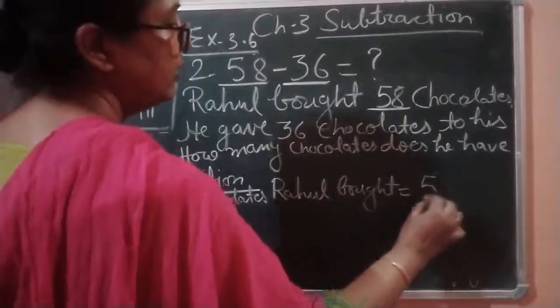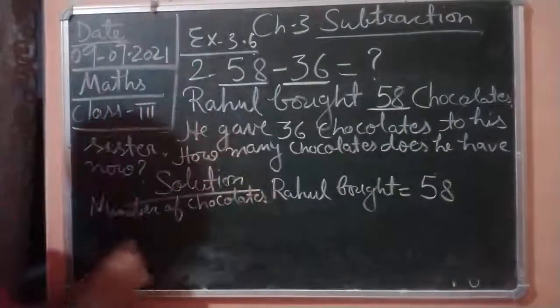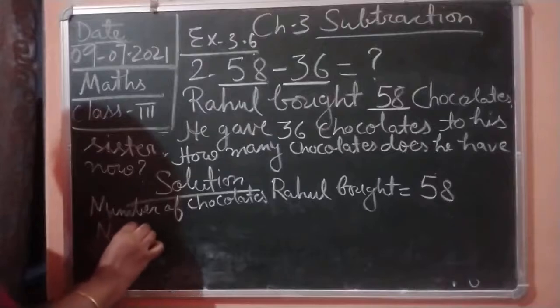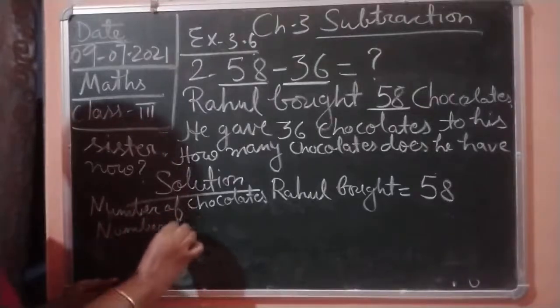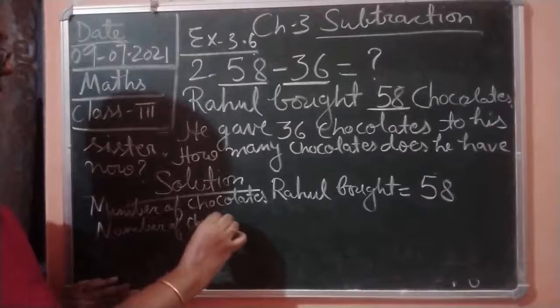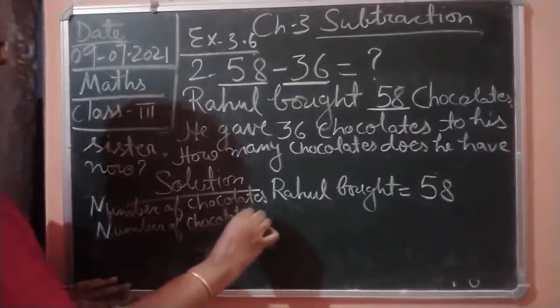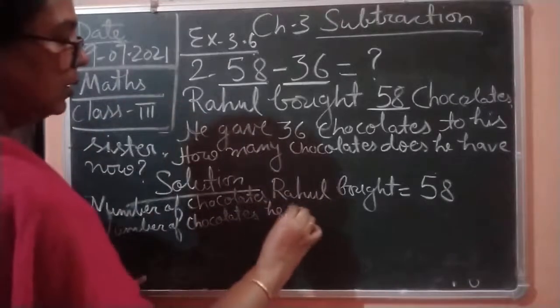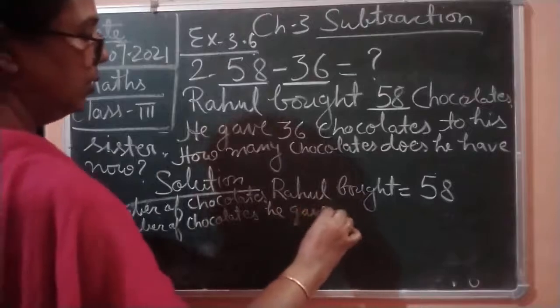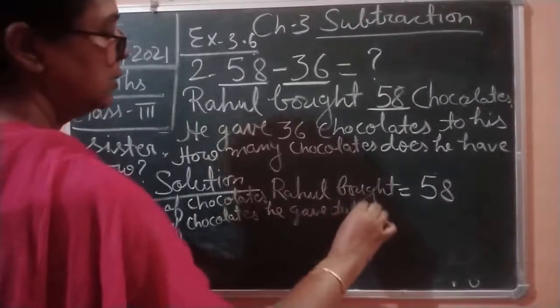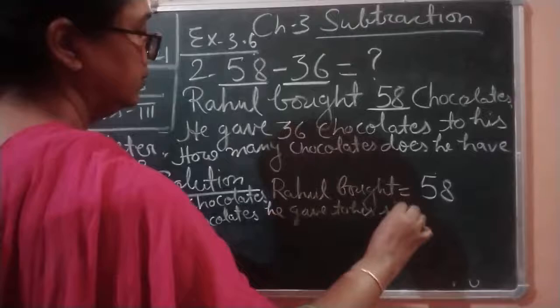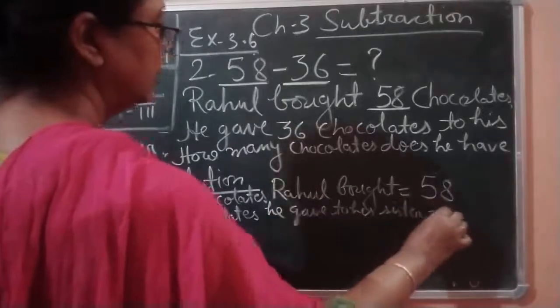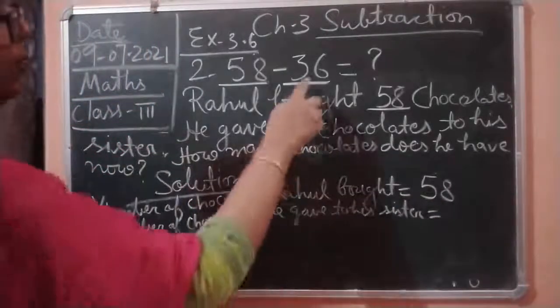So we will write over here 58. Now number of chocolates he gave to his sister. How many? He gave 36.